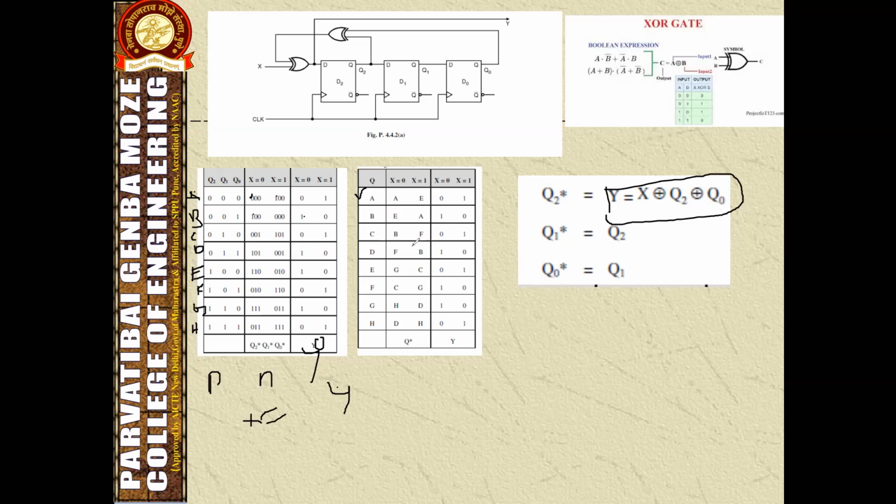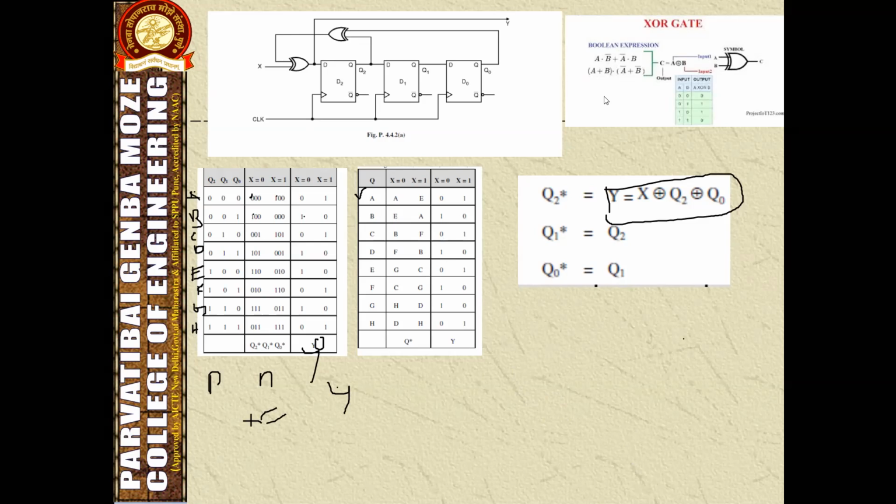So using this table, now we are going to draw the state diagram. So let's draw the state diagram. How many states does the state diagram have here? A to H, this many states. So we have to consider all those states.